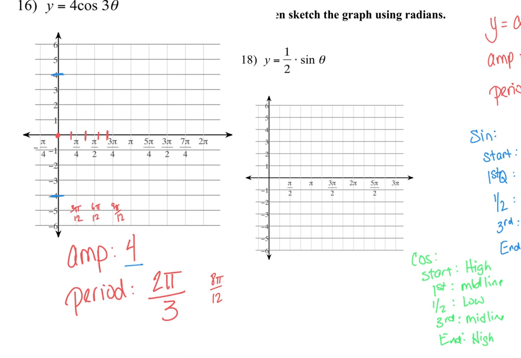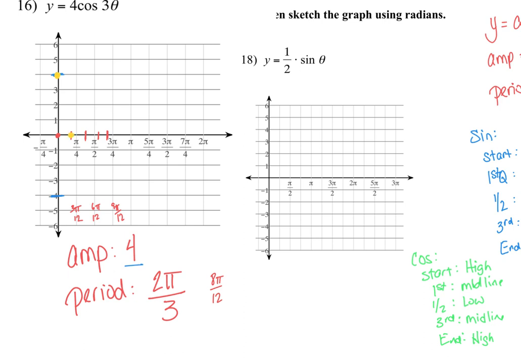All right, which function is this? Well, this is cosine, right? It wants the cosine here. So cosine starts at my high value. That's where I'm going to put my first point. I'm starting here. All right, where is my first quarter for my cosine? What did I say was my first quarter? Midline. That's back at my x-axis.